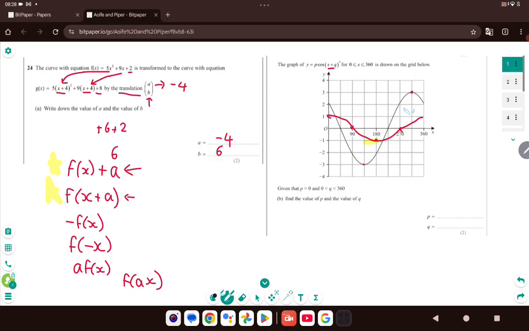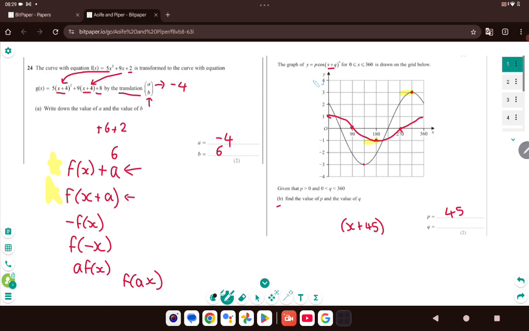Each square is worth 45. And same here. So part B, P is 45, because again, adding 45 inside your function means you move left 45 degrees.